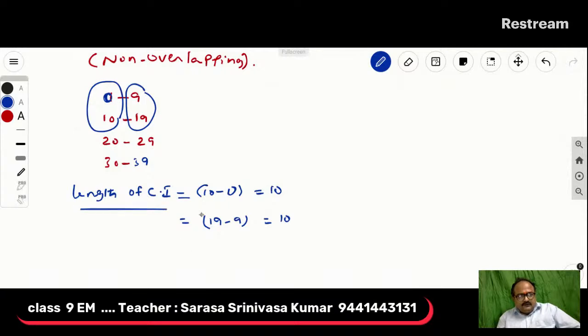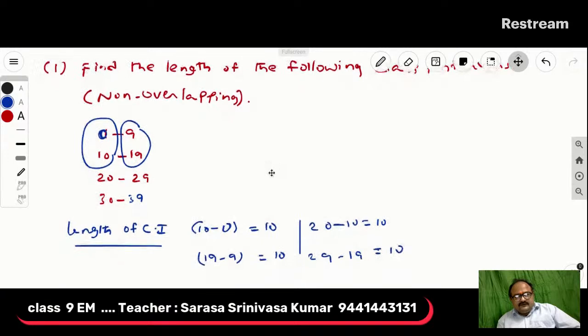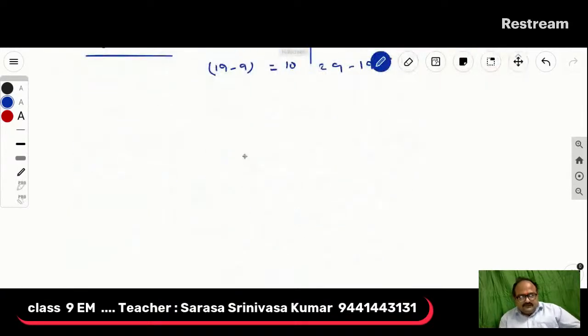I am explaining how to calculate the length of the class interval. You can take 20 minus 10, which is 10, otherwise 20 minus 19 equals 10. This is how we calculate the class interval for non-overlapping class intervals.